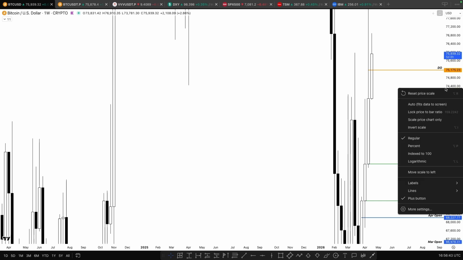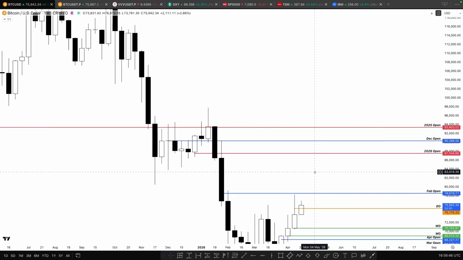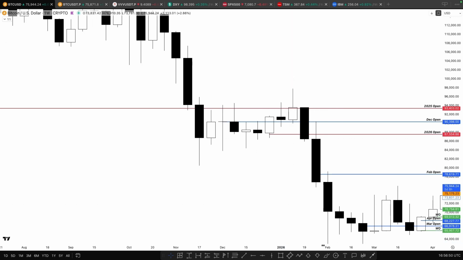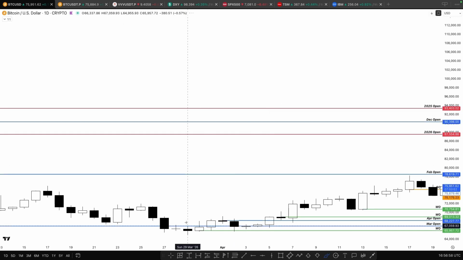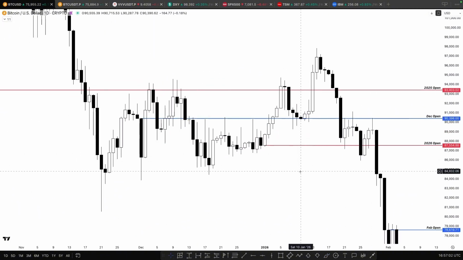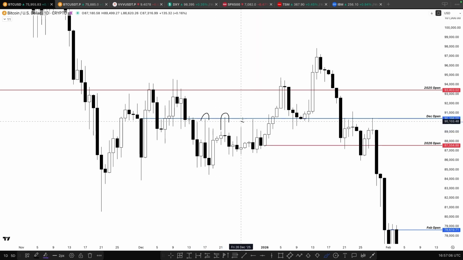Now we also have in blue your monthly levels. Notice how even on the weekly time frame you can see the December open acting as resistance. You then get above it, and on the daily it really shows it best. On the daily you can now see all of the individual rejections at the December open.